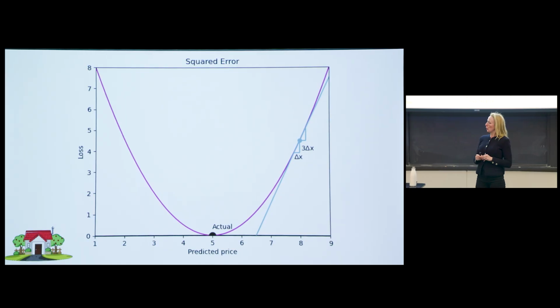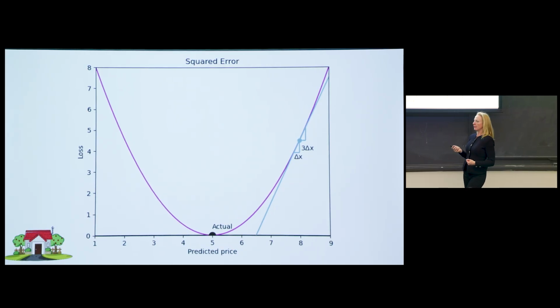So that's the slope of the loss function, what we're sort of losing as far as our predictions go. That's the slope of the loss function as a function of the predicted price. Okay? So let's just put a pin in that and remember that.